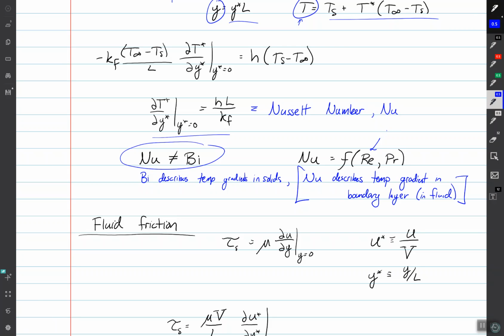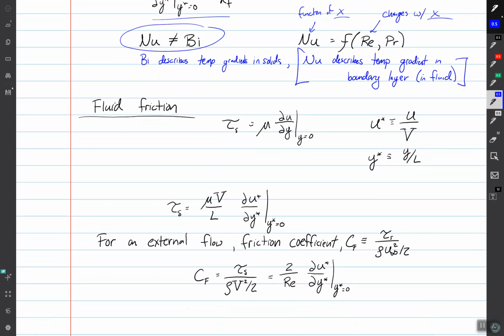And the Reynolds number changes with x, so the Nusselt number is also going to be a function of x.